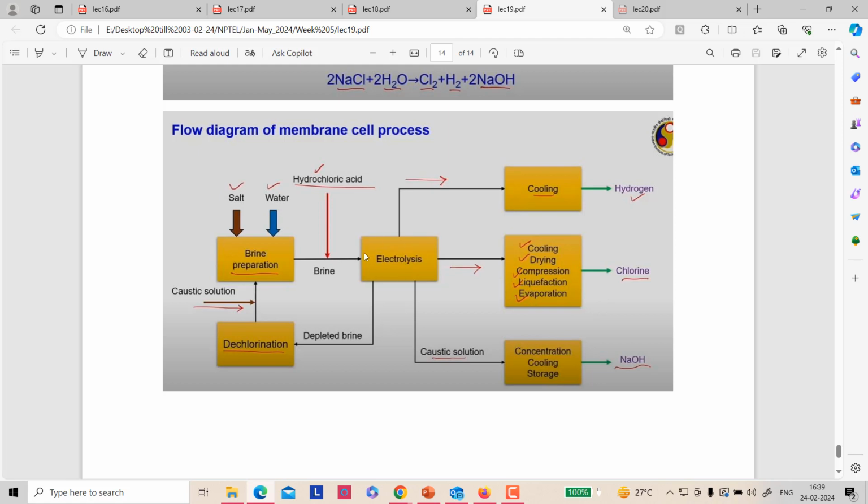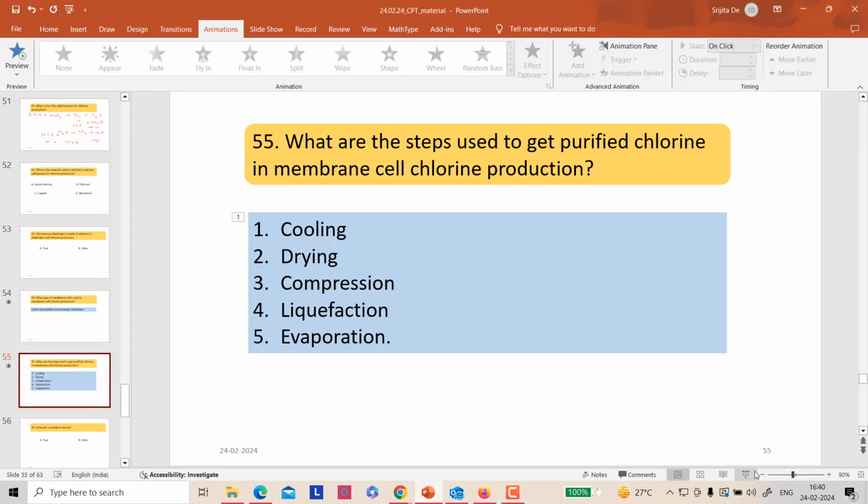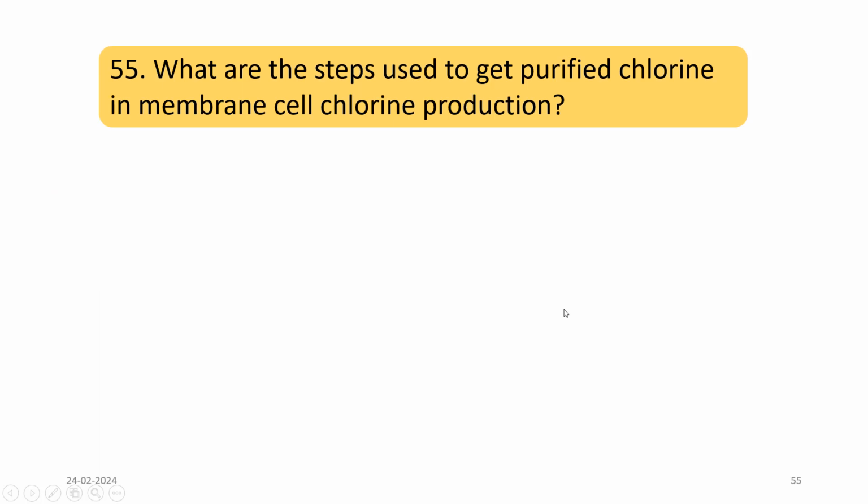By the liquefaction method, we make the chlorine gas into liquid form. That is called liquefaction. And compression is where we give high pressure from outside to make it whatever the desired form is. So in the case of compression, outside pressure is needed, but in the case of liquefaction, no pressure is needed. So this is the basic difference.